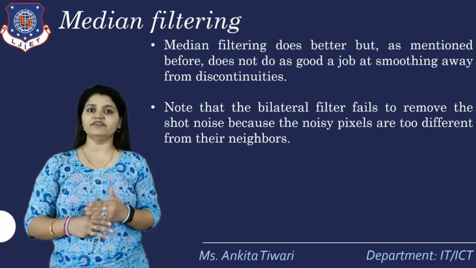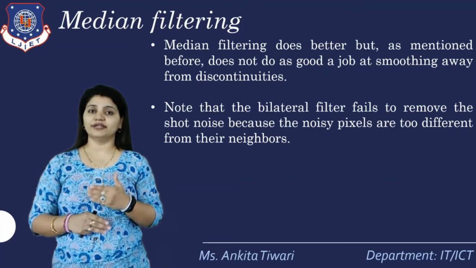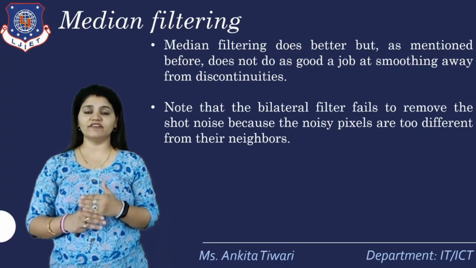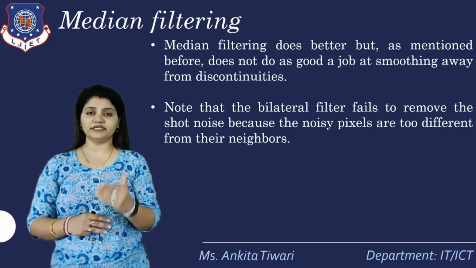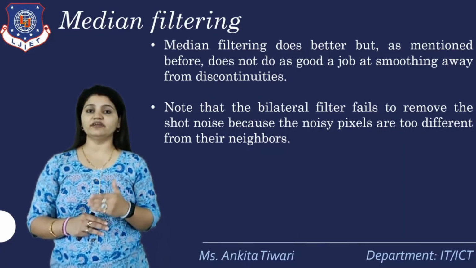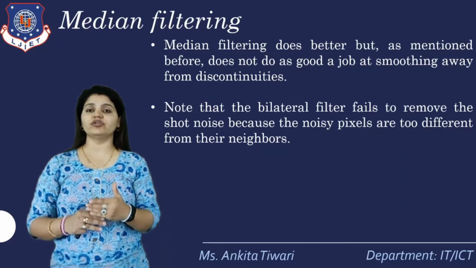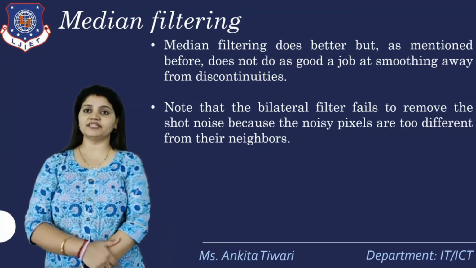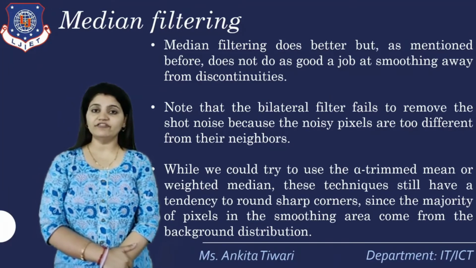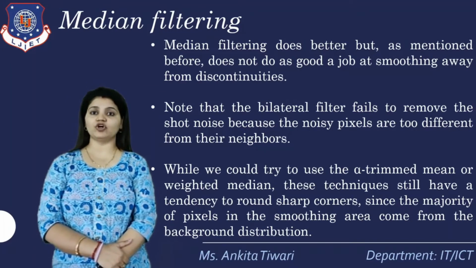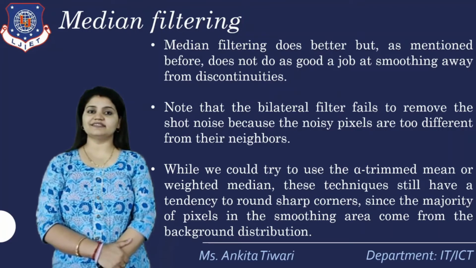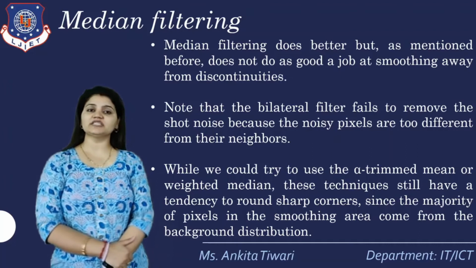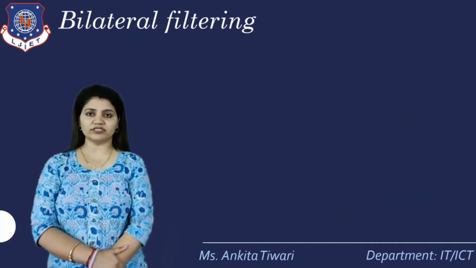Median filtering is not as good at smoothing away from the discontinuities, but it is great in some places. With respect to the bilateral filter, it fails whenever it has to remove shot noise. So these are the pros and cons of median filtering as well. While we could try to use the alpha trimmed mean or the weighted mean, these techniques still have a tendency to round sharp corners, since the majority of pixels in the smoothing area come from the background distribution.